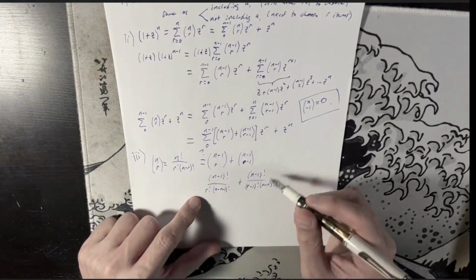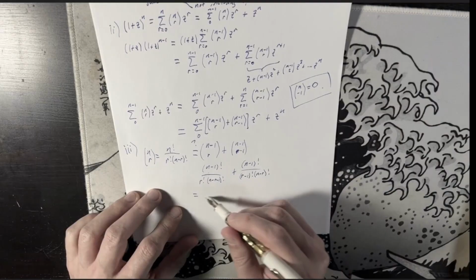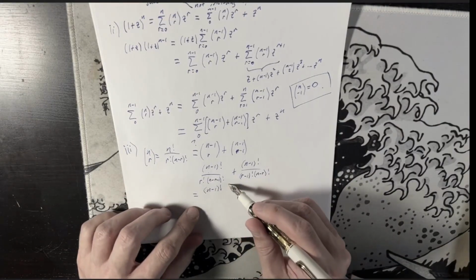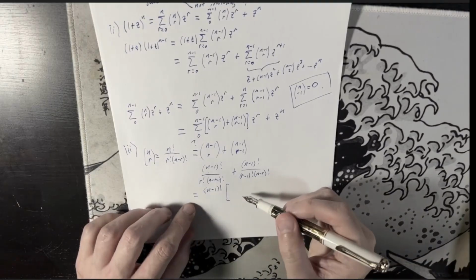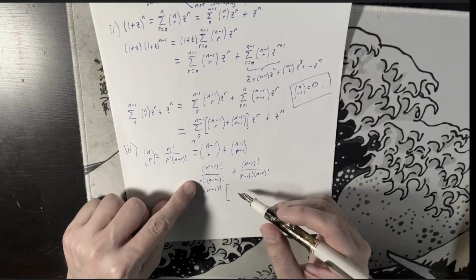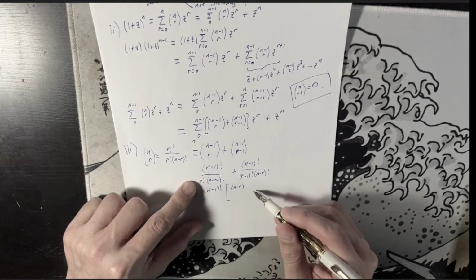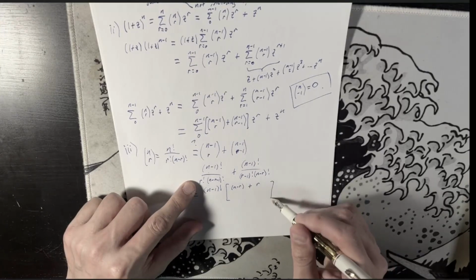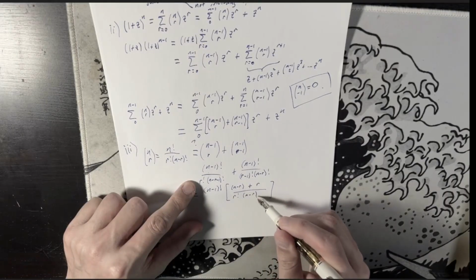If I want to add these fractions, I'm going to put an r upstairs and downstairs. Like this first fraction is missing n minus r, and this second fraction is missing just r, over the common denominator of r factorial, n minus r factorial.